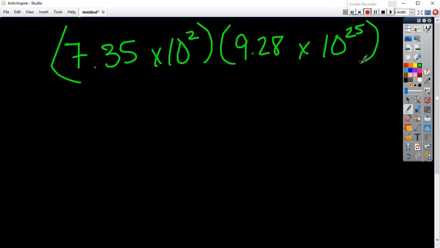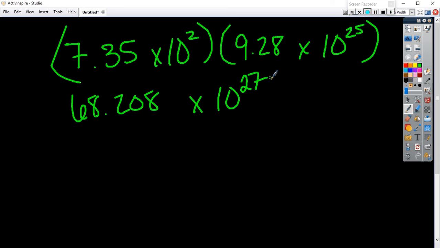What's 7.35 times 9.28? What is it? And then add the exponents, right? Now, is that in scientific notation? Not quite. Why is it not in scientific notation? Exactly. Good job. Did you remember that from yesterday, or did you just know that?